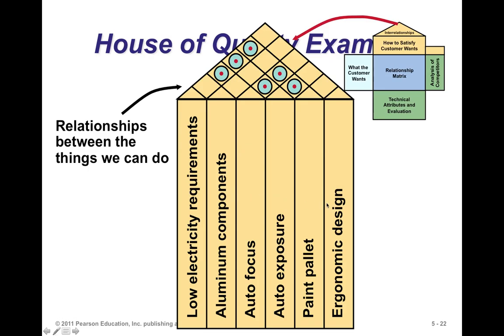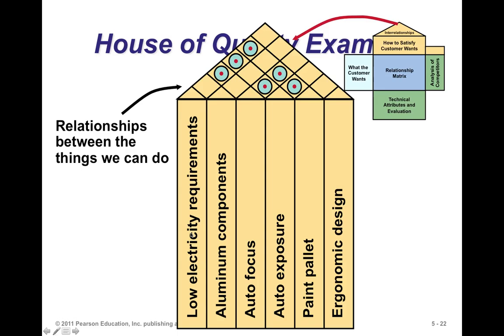So that's the house, but then there's a roof of that house as well, where sometimes we have some interest in the interaction between the hows. If we understand that emphasizing one how has a negative effect on something else, we need to be aware of that. So here we're checking whether the interactions between some of those have strong or weak relationships and so on.